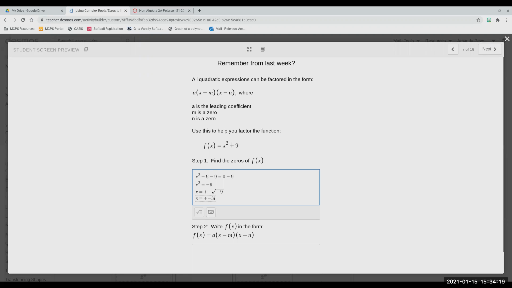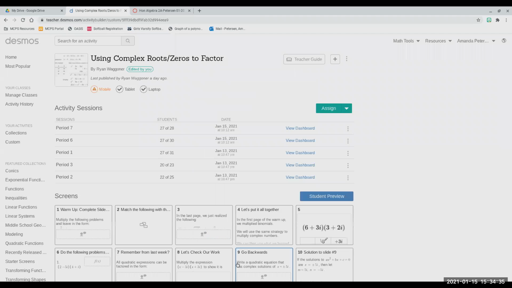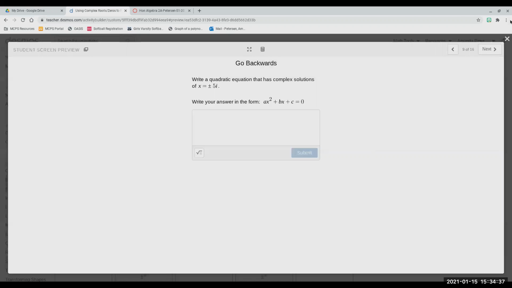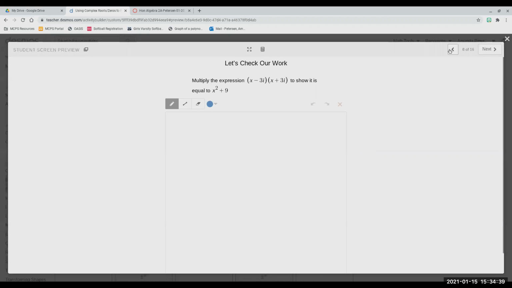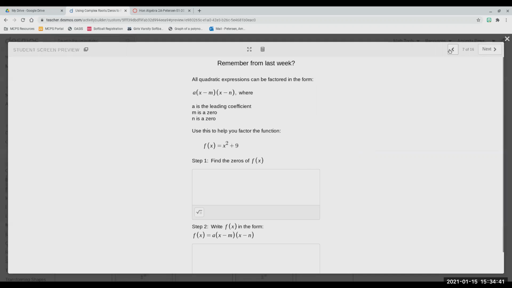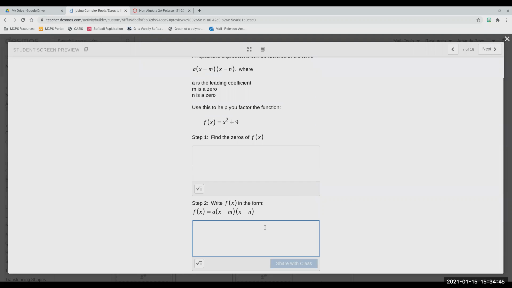So we know for factored form, we need 2 zeros. Well, my 2 zeros here are 3i and -3i. Now it's just a matter of plugging them into factored form. And like I mentioned, it is the same. Sorry, I got lost in the slides. There we go. It's the same process as before.